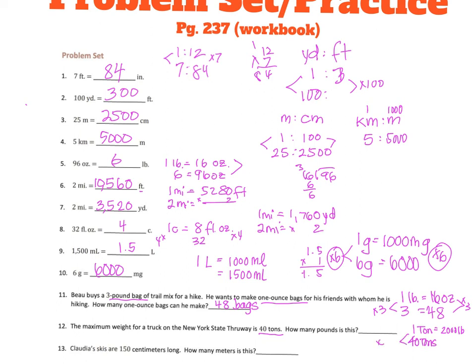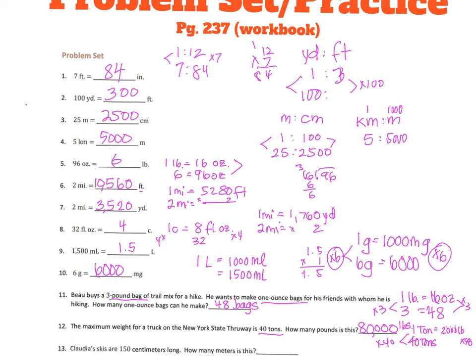So I'm going to multiply that by 40. So I know 4 times 2 is 8. And then I have 1, 2, 3, 4 zeros to add. That is 80,000 lbs for pounds. That's the abbreviation.